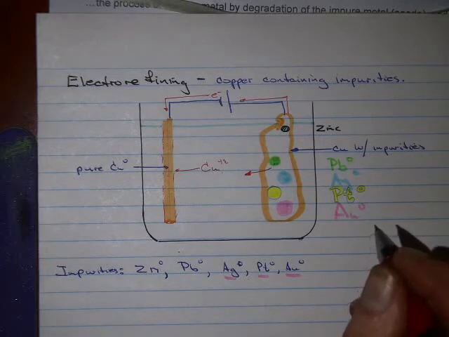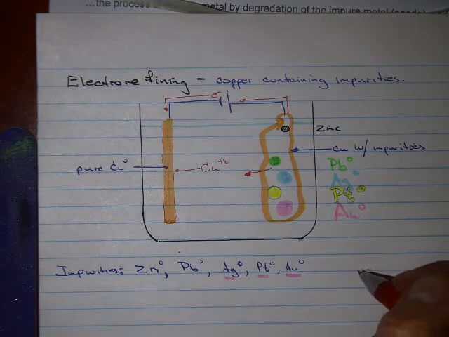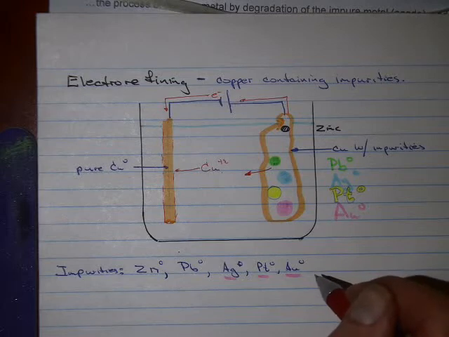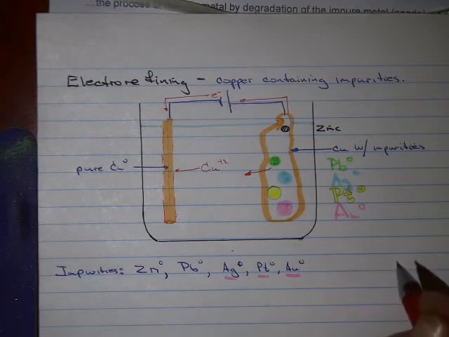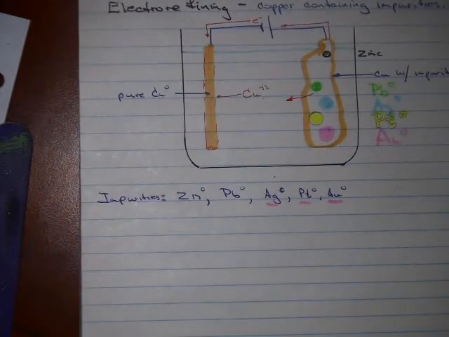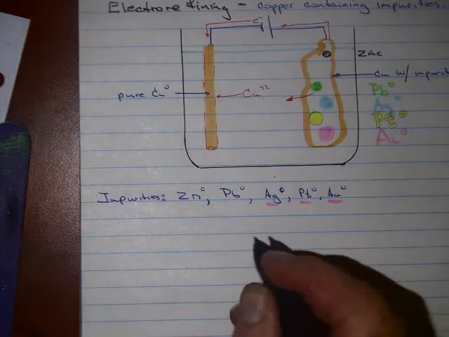Well, to understand how it works out, we actually have to order all the players in descending order of their standard reduction potentials. Okay, so the first one is gold. Now I've got my table next to me, so you can follow along on your table if you like, but if you don't, trust me, okay?